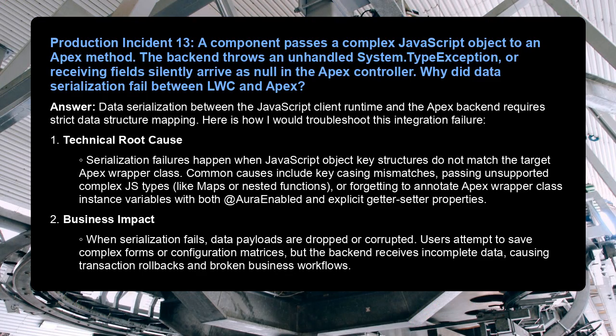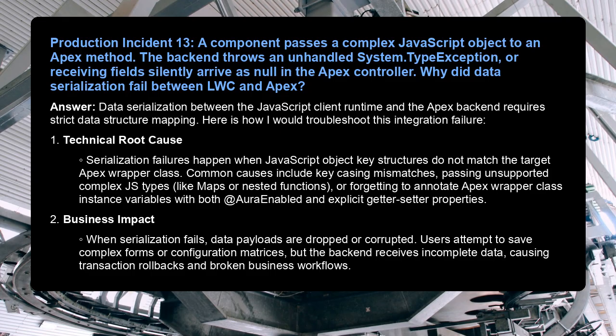Production Incident 13. A component passes a complex JavaScript object to an Apex method. The backend throws an unhandled System.TypeException, or receiving fields silently arrive as null in the Apex controller. Why did data serialization fail between LWC and Apex? Answer: data serialization between the JavaScript client runtime and the Apex backend requires strict data structure mapping.